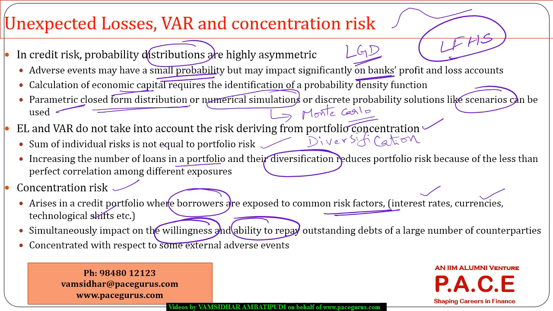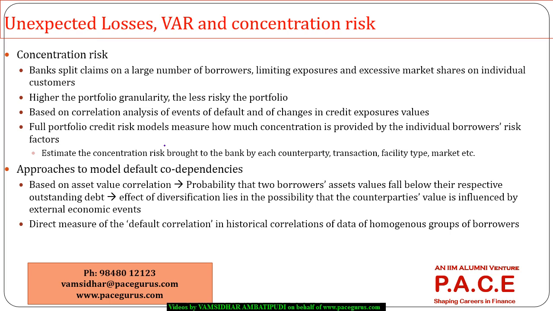And that means a large number of counterparties are either unwilling to pay or they don't have the ability to pay, thus resulting in a huge increase in the number of defaults. Especially with respect to some adverse external event, this risk is going to increase more and more. So while assessing, the concentration risk also needs to be taken into consideration.